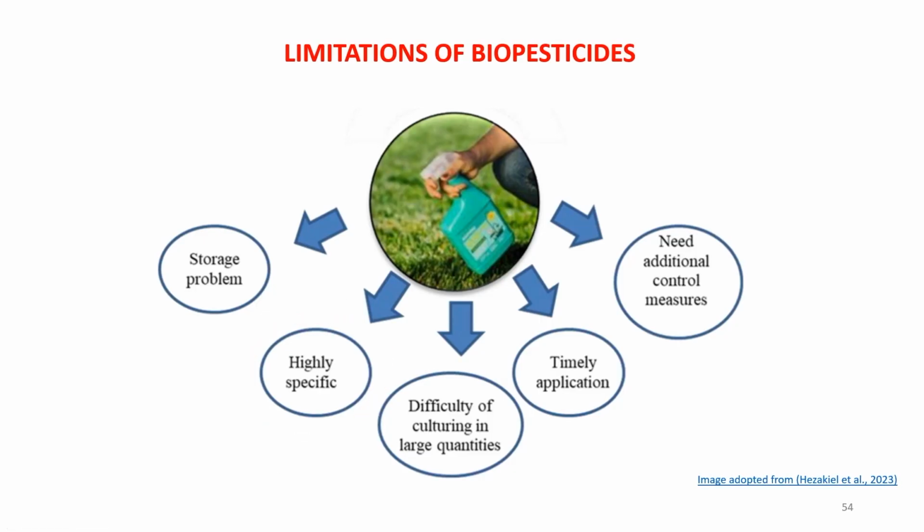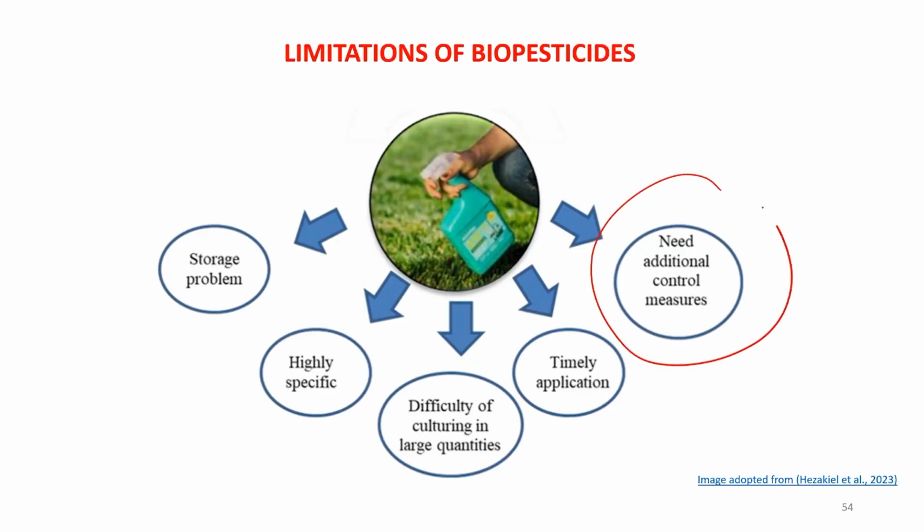And then there is always the challenge of culturing in large quantities or scaling up, and also the timely application may sometimes be a challenge. We may not be able to get a sufficient amount by culturing due to the time required for producing in large quantities, or even the supply chain may sometimes not be very logistically sound, and it requires many additional control measures.